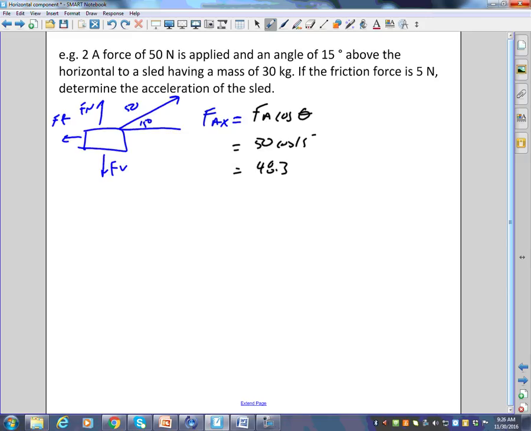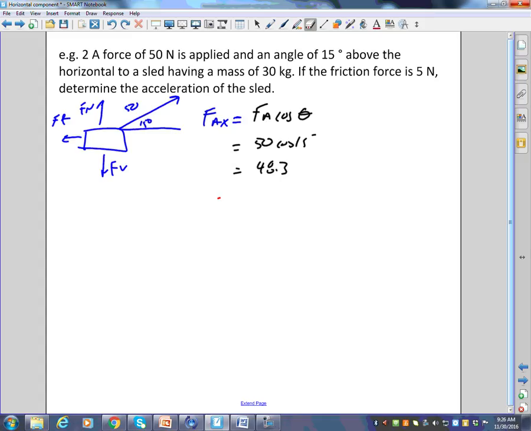Don't write this down, just watch. Cos theta is equal to adjacent, which is FAX, over hypotenuse, which is FA. So what I'm really doing is multiplying both sides by FA prior to putting the numbers in. So I get FAX is equal to FA cos theta. I'm rearranging the formula before putting the numbers in, which is a skill you need to eventually get. I just don't encourage it at this stage yet.